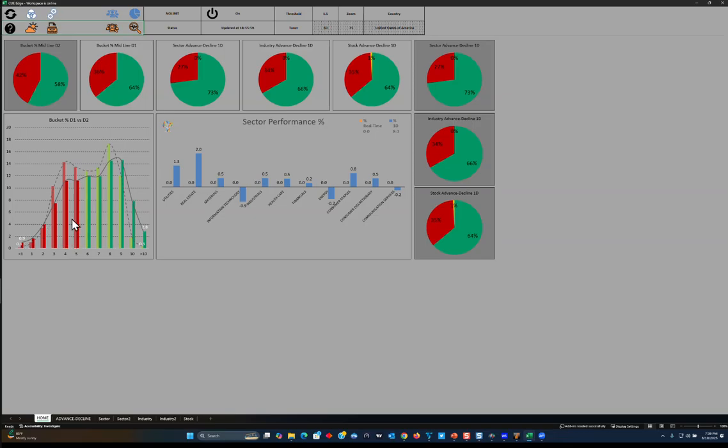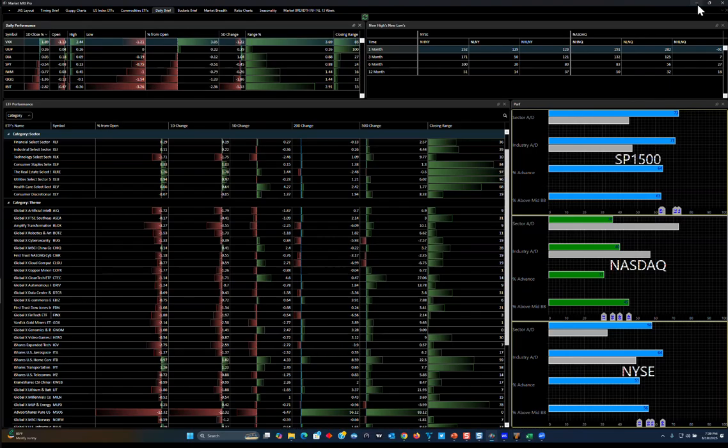Then all of a sudden you notice you're starting to have more and more stocks. These buckets are going up. The market's starting to move the opposite way, and you can pick up reversals. Or you'll hit minus 35. It'll be at the lowest bucket, meaning stocks below the Bollinger Bands, and it'll spike to 30, 35% during the day. I never had that before. It tells me it's time to start thinking about buying, because you're getting that crescendo sell off and the market's going to reverse.